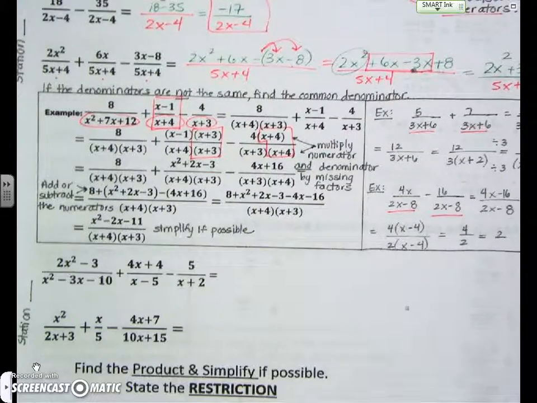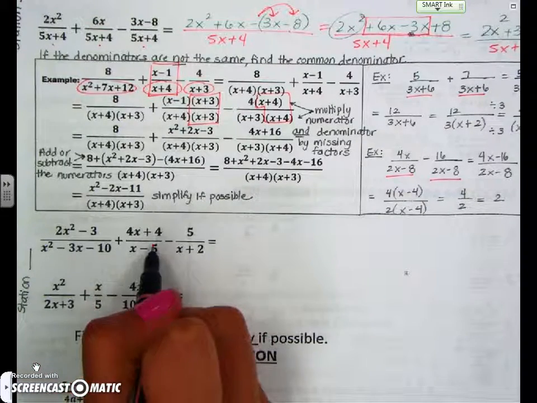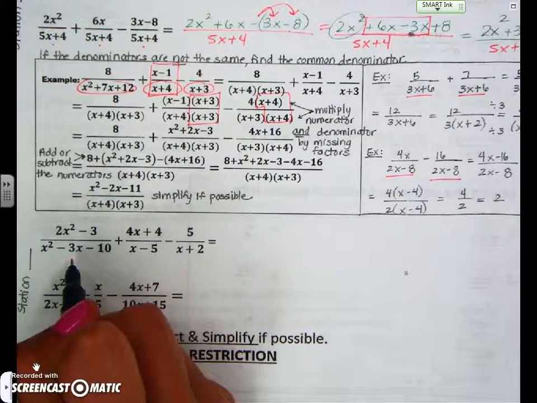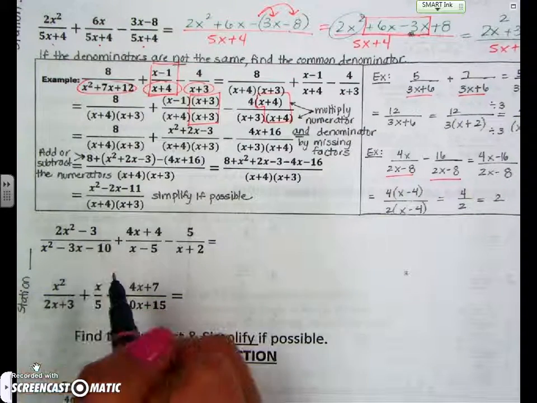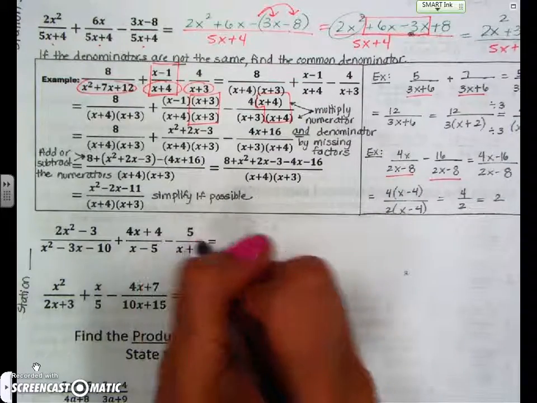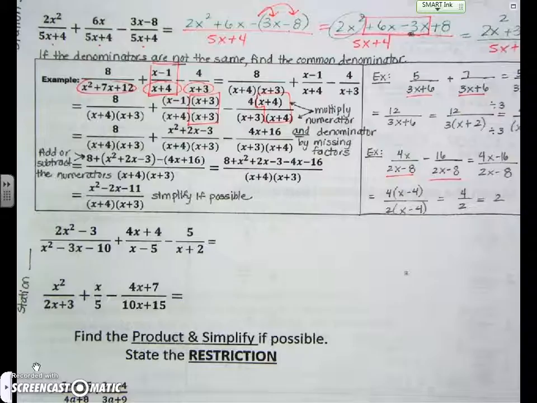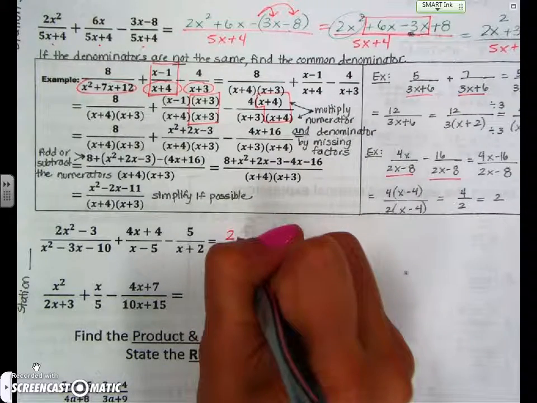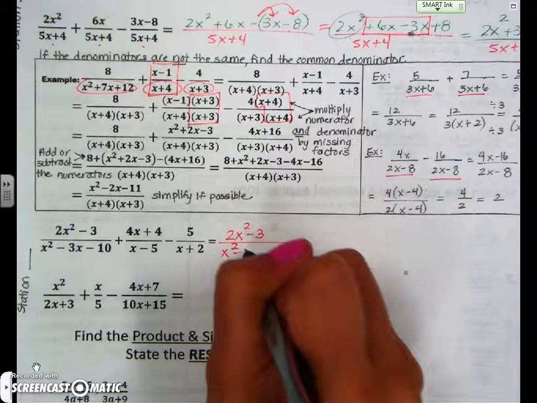So you have to ask yourself for the next question. How can I rewrite x minus 5 so that it looks like x squared minus 3x minus 10? Yeah, exactly. We're going to multiply times the other denominator. So I'm going to rewrite 2x squared minus 3 over x squared minus 3x minus 10.